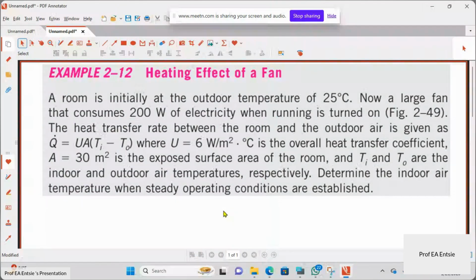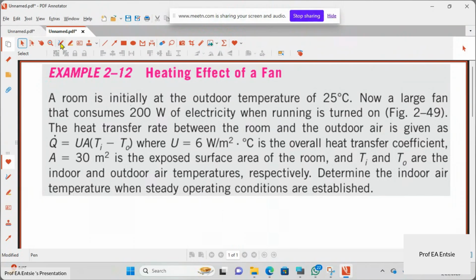Area of the surface is 30 meters squared, the exposed surface area of the room, and Ti and T naught are the indoor and outdoor air temperatures respectively. Determine the indoor air temperature when steady operating conditions are established.